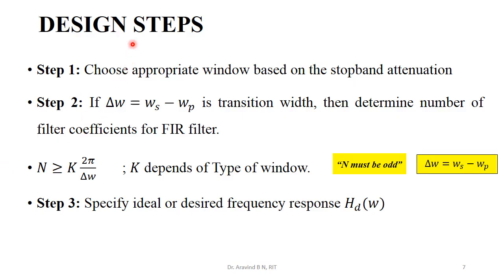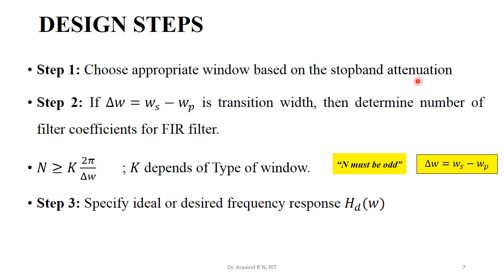Now let us go through the design steps. At this instant we can consider that these design steps are applicable to almost all the windows, but in this case let us stick to only the rectangular window. Step 1, choose the appropriate window based on the stop band attenuation.